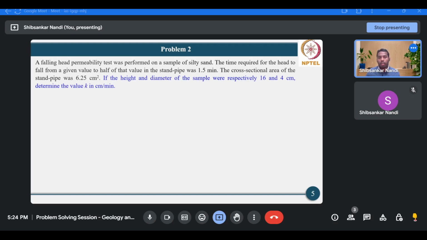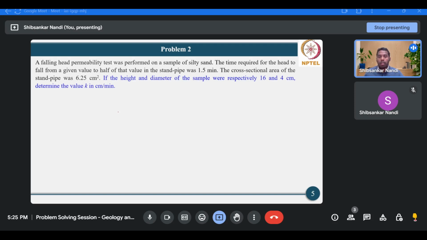However, considering the data of a falling head permeability test. By this time you know why this kind of falling head permeability test is required over the constant head permeability test, because the constant head test is specifically suitable for coarse grained soil, so that we can collect an adequate amount of water for accuracy and reliability of the measurement of the K value.